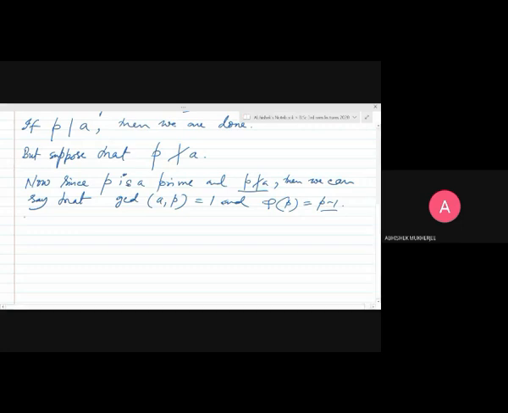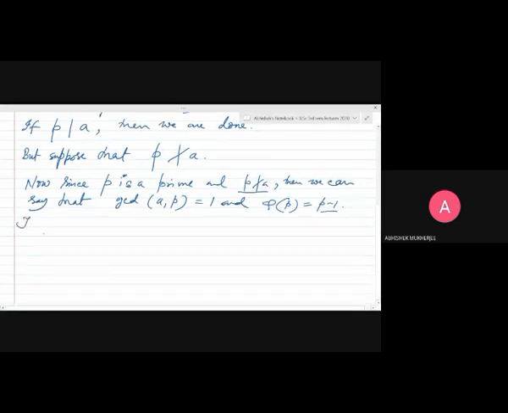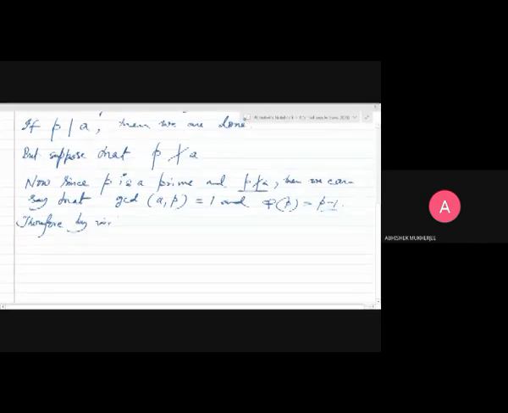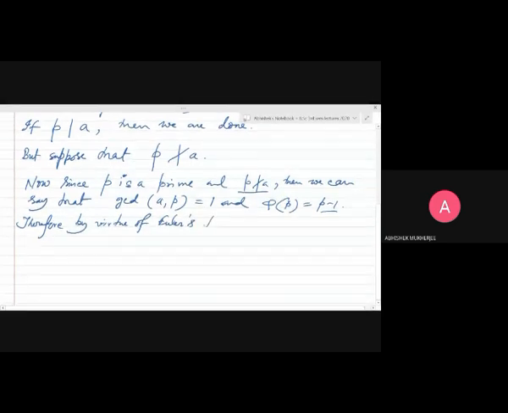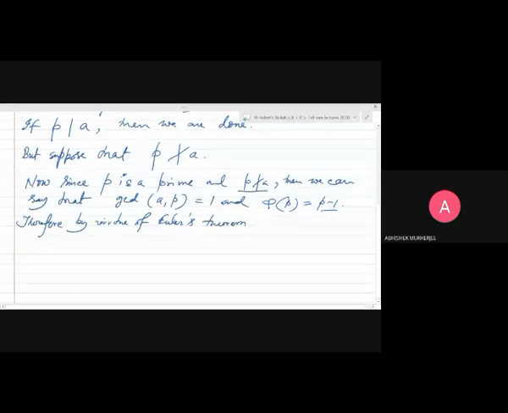Therefore, by virtue of Euler's theorem that we have proved in our last lecture, so what was the statement? Euler's theorem, the statement is like that.